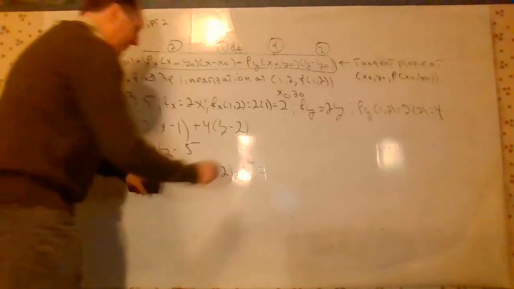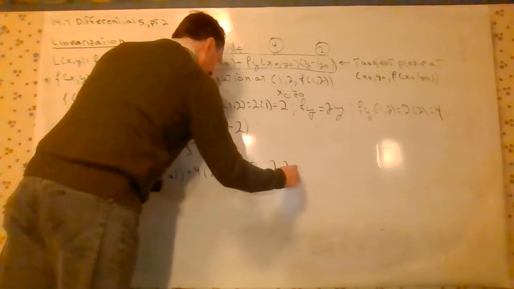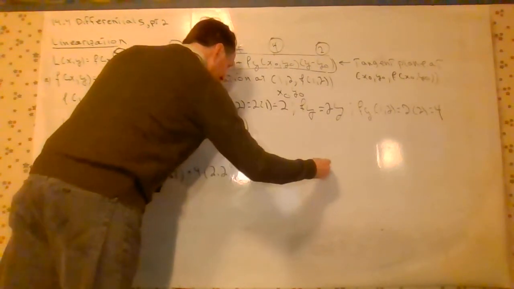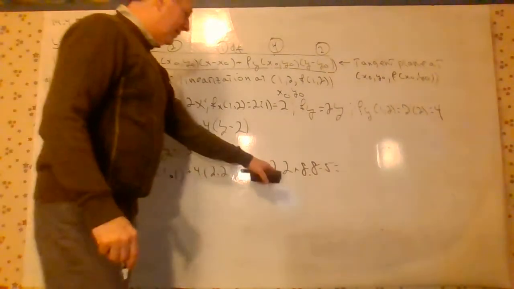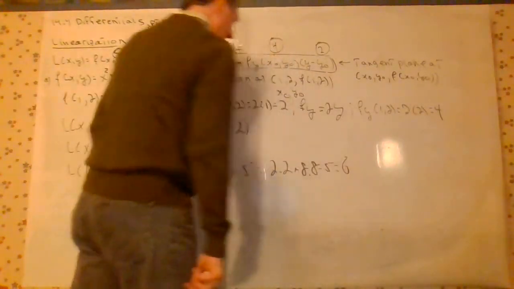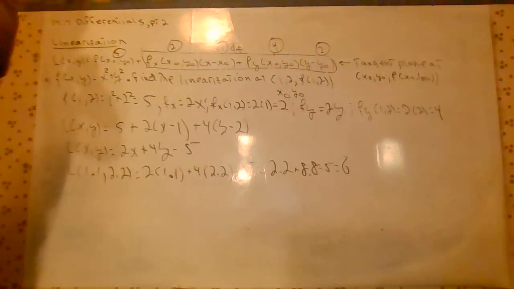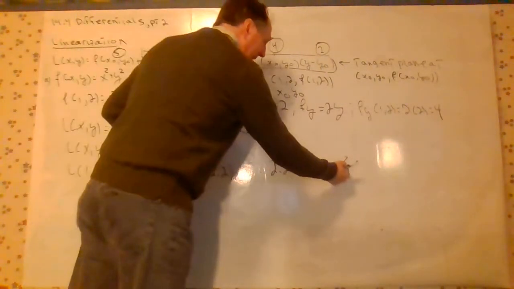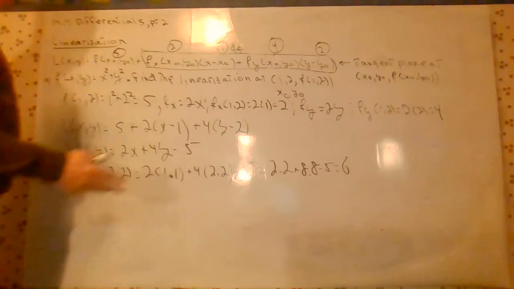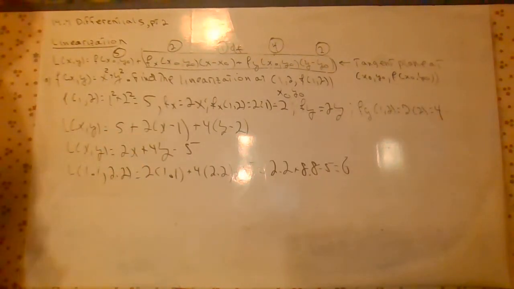That's 2.2 plus 8.8 minus 5. That's 11 minus 5, or 6. You see what happened? f changed by 1. It's the exact same concept. We're just building a function rather than calculating one result.